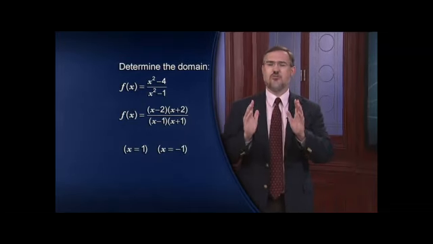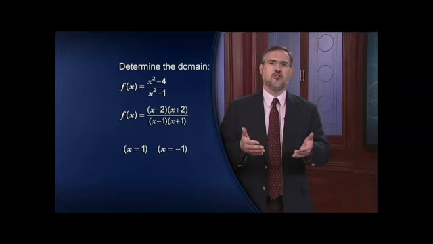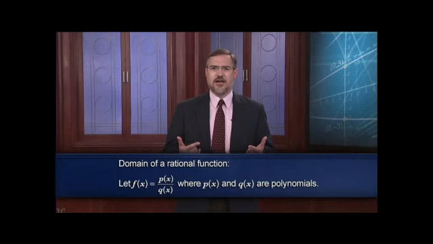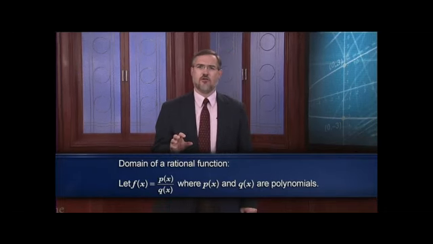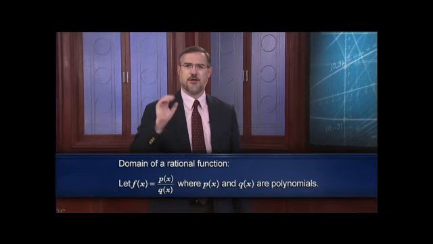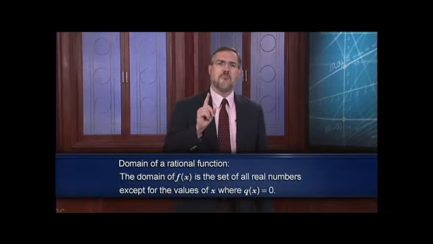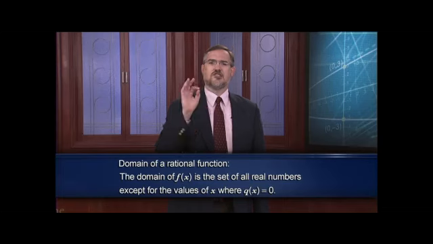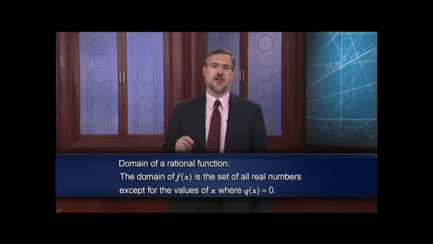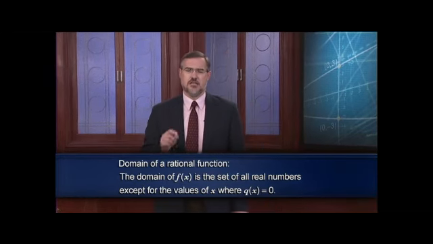This is exactly what you should do every time you have to find the domain of a rational function. Let f of x be p of x over q of x, where p of x and q of x are polynomials. That means f of x will be a rational function. Then the domain of f of x is the set of all real numbers except for the values of x where q of x equals 0.